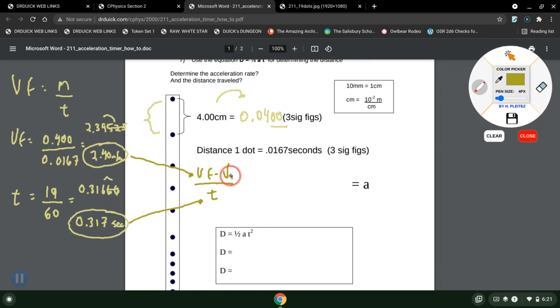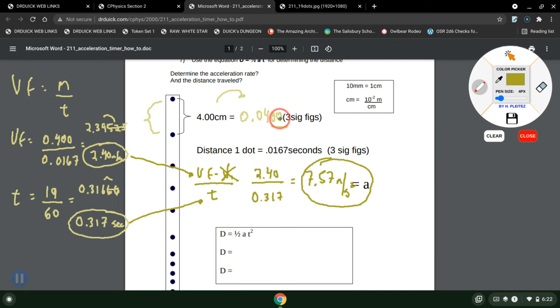My initial velocity, it's in free fall, so it starts from 0, so I can just leave this out. So I'm going to end up with 2.40 divided by my time of 0.317, and it's going to give me a number. If you round properly, you should get exactly what I get, 7.57 meters per second squared. That's going to be my acceleration, and I will circle it.